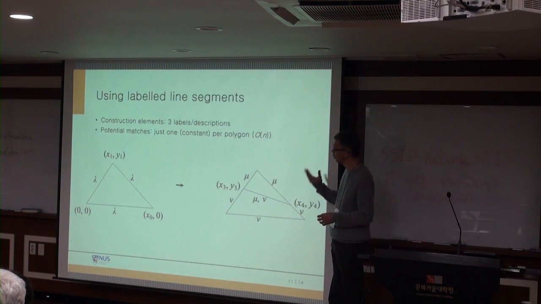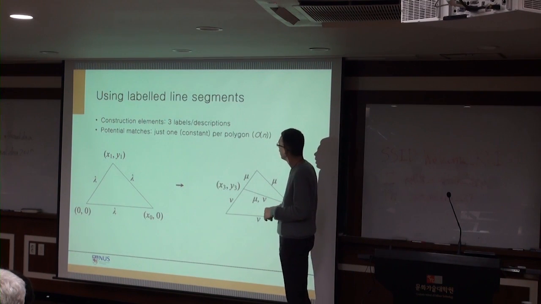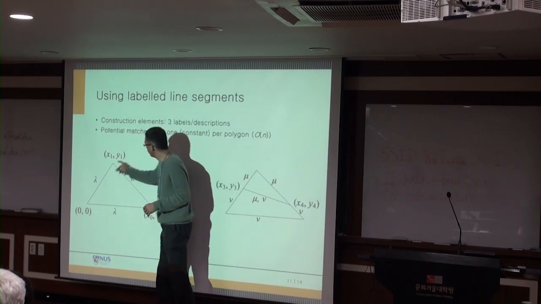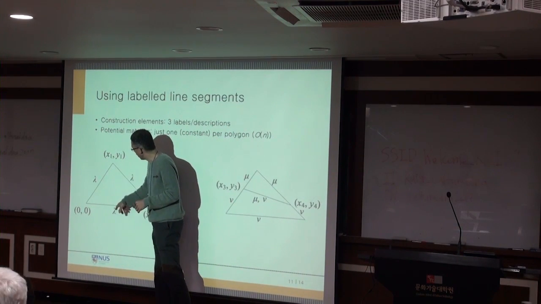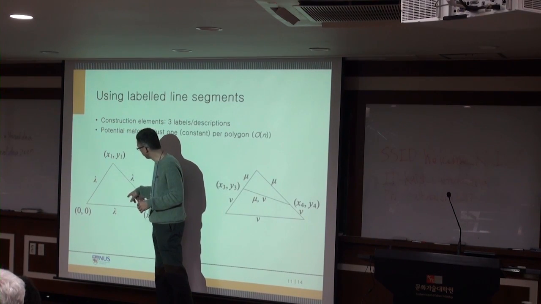Steiny's notion of descriptions, of course, is much broader than parametric labels, but you could easily represent parametric labels with it as well. And in this case, of course, you have to do the match on the lines and the distinguishable intersection points.